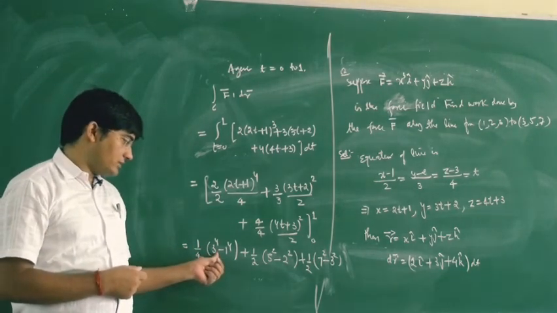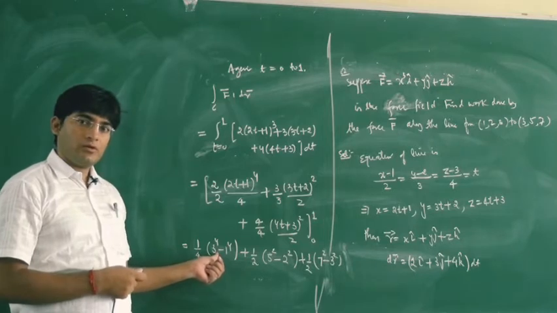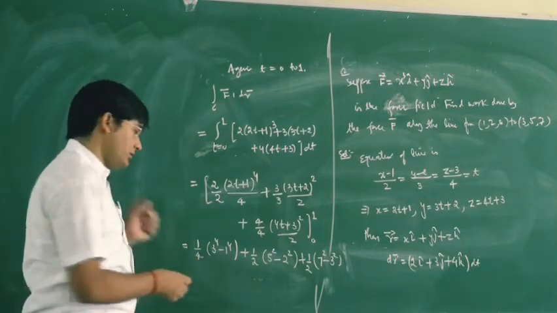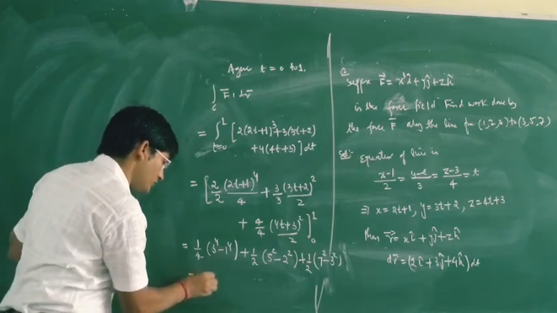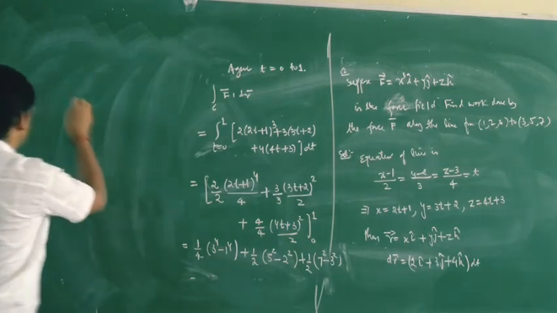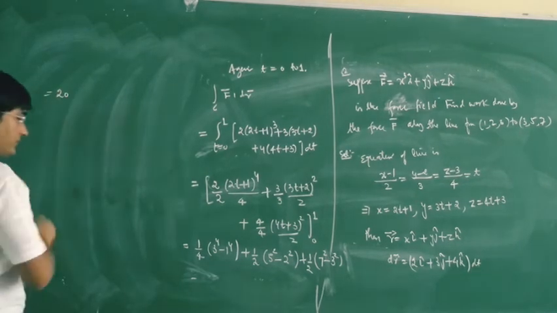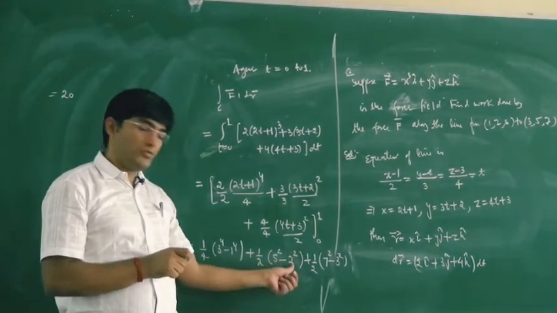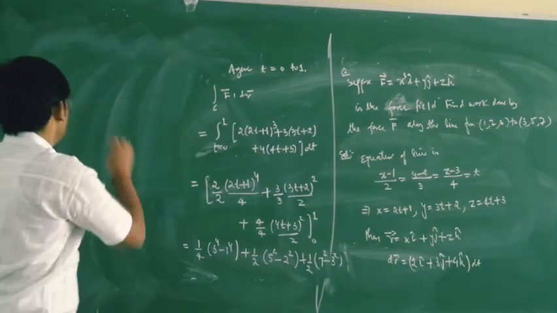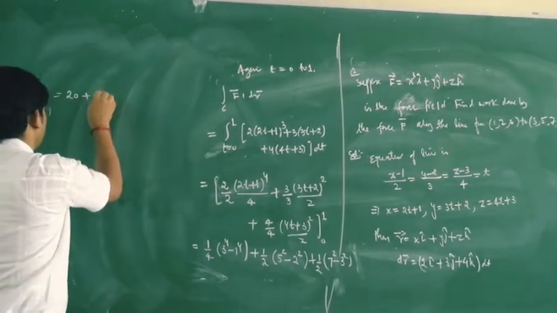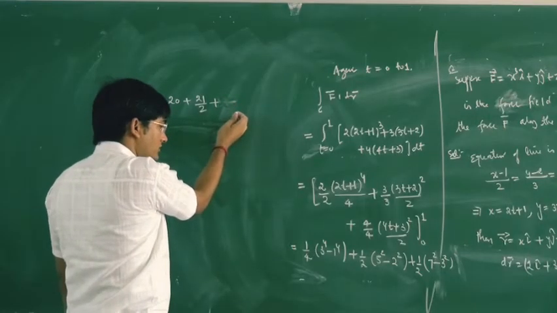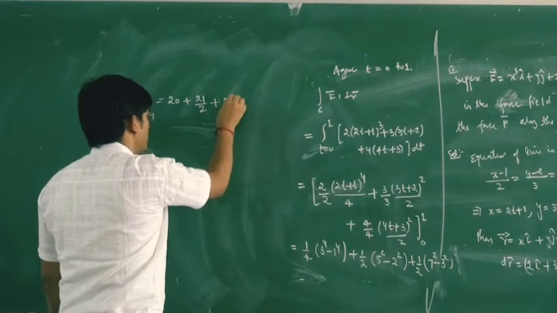Now you can see that this is your 81 minus 1, so this will be 80, so this is equal to 20. So the first term is equal to 20, and this is your 25 minus 4, so this will be 21.2. The third term, 49 minus 9, so this will be 40.2, so this is your 20.